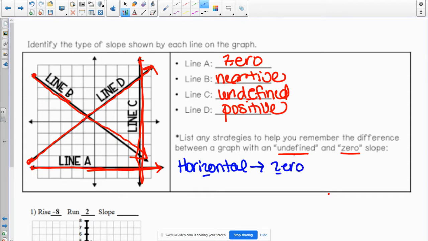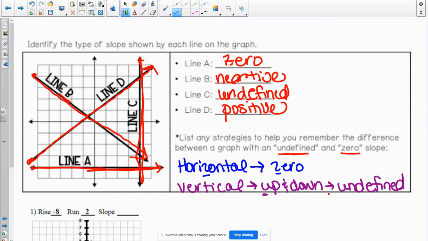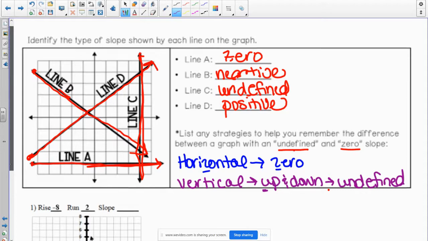Another one I've seen kids do is vertical goes up and down, and up is a U, and this is undefined. So just a couple ideas to help you if you struggle with remembering which one is 0 or undefined, or you can just think about the math that I showed you in the previous page.